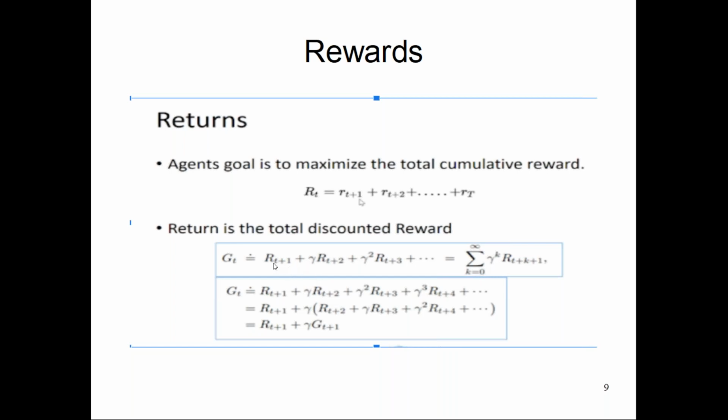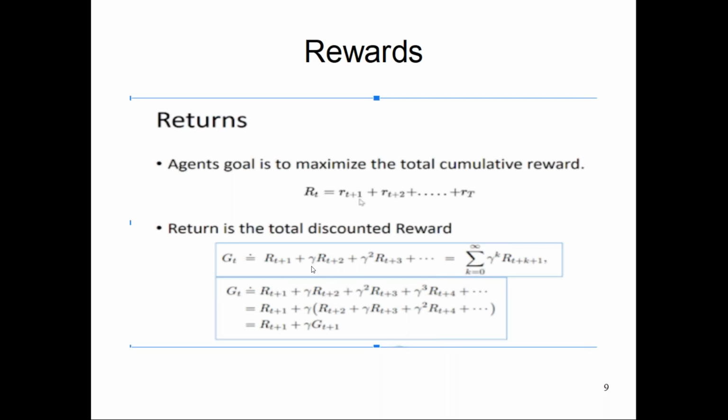When you move to another state, there is an immediate reward you get, and there is a possibility you will get a reward in the next step, but you are not sure. When you are not sure, you discount it slightly, and after 2 more steps you may get some more reward, but again you are not sure at this point of time, so you may further discount it with gamma square. This is how you discount to find the current total reward, which they also call returns. So this is how the reward calculation happens.